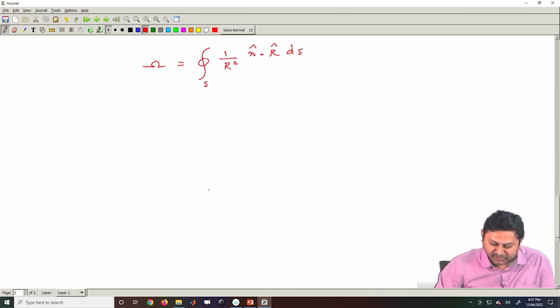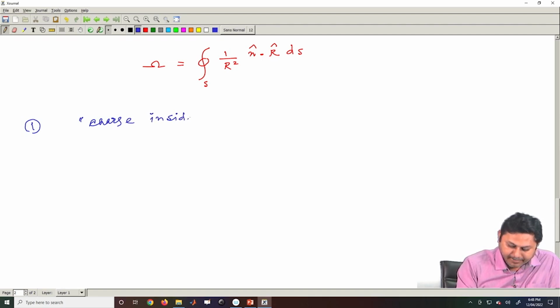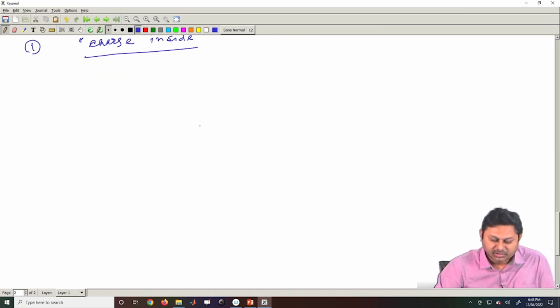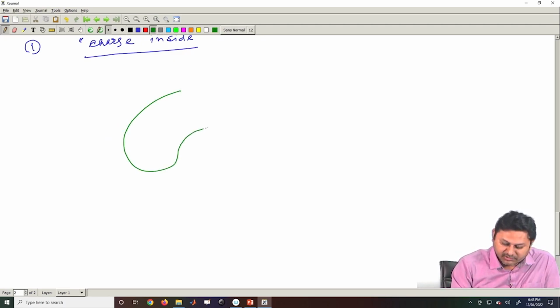Now, let us try to understand Gauss's law in this way. Suppose we have a charge, case 1, when the charge is inside the region, inside the volume, inside the closed region. So, this is a closed region, suppose I draw, and suppose the charge is sitting here at some point q.